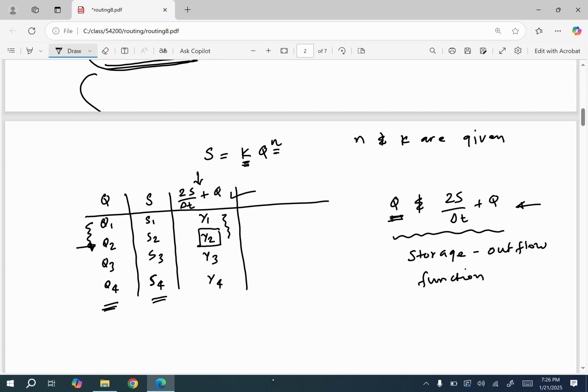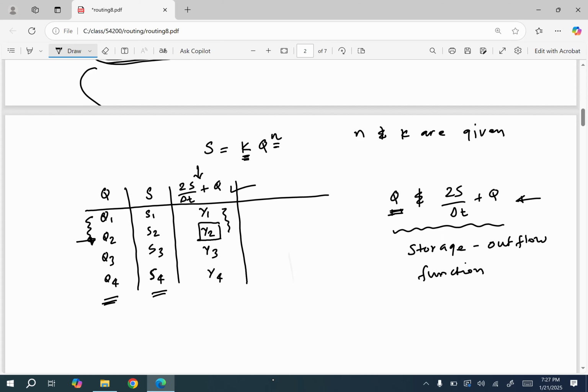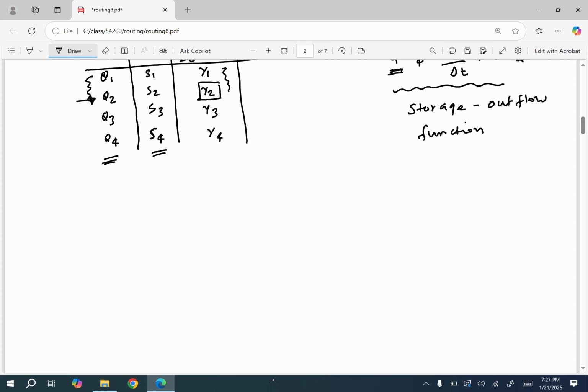So that will be linear interpolation. Or if you have the data, you can also plot and create a relationship between Q and 2S over delta T plus Q.